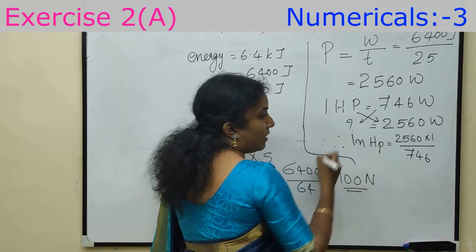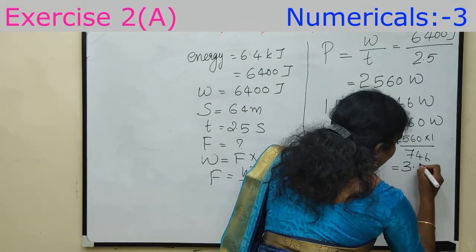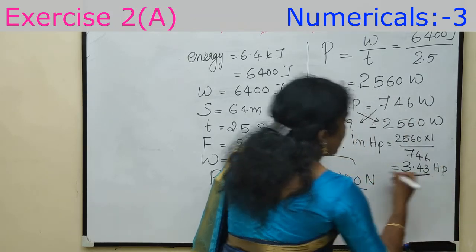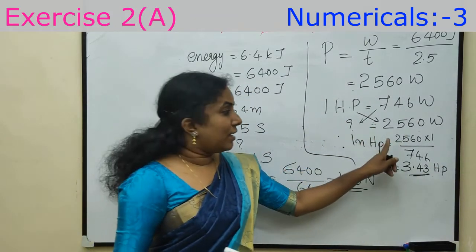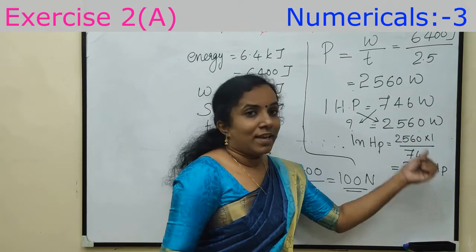On cross multiplying, we will get the value like this, which is equal to 3.43 HP. Hence, 2560 watts is equal to 3.43 HP.